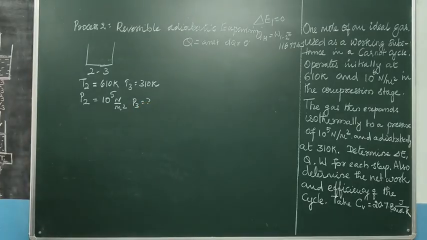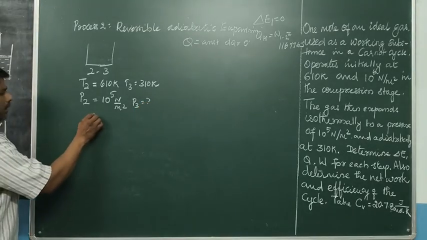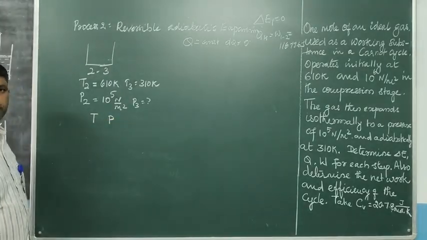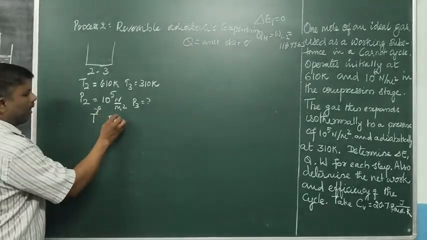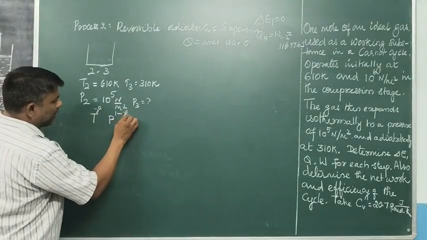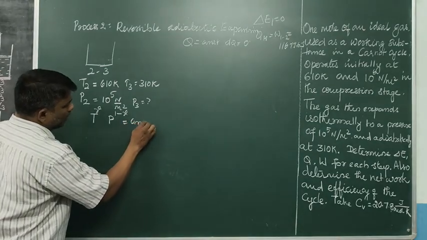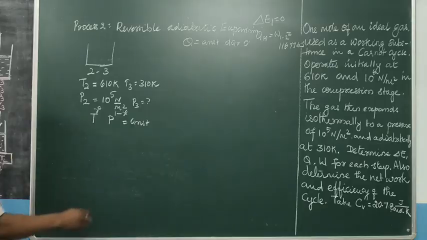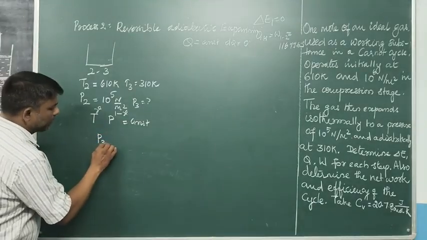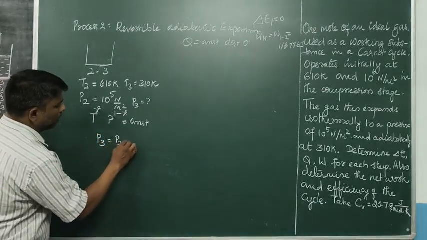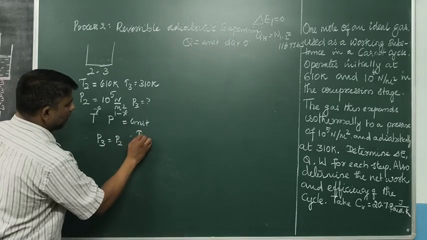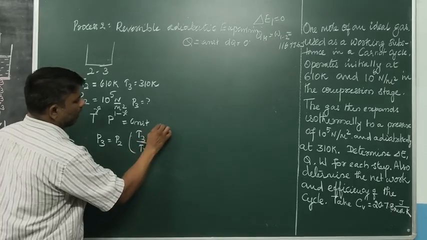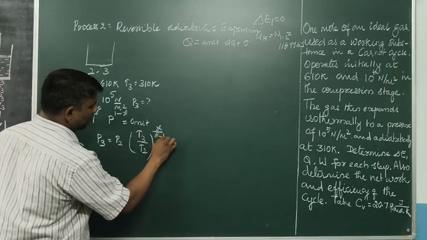Now I am going to establish the P3 value. The temperature and pressure relationship in the adiabatic process is T to the power gamma into P to the power 1 minus gamma is equal to constant. Using this relationship, I am able to find out the P3 value. So P3 is equal to P2 into T3 divided by T2, to the power gamma divided by gamma minus 1.